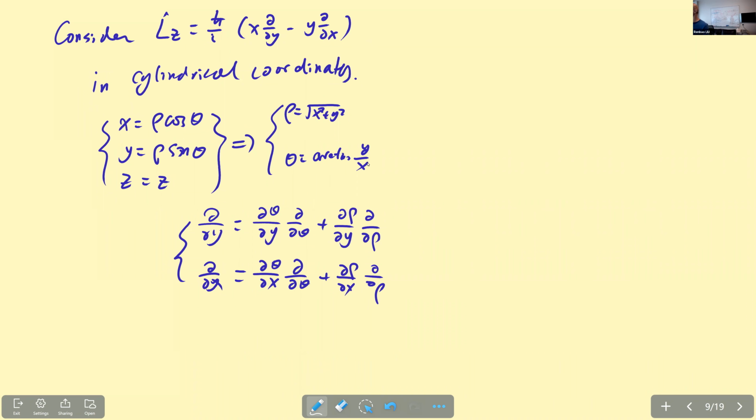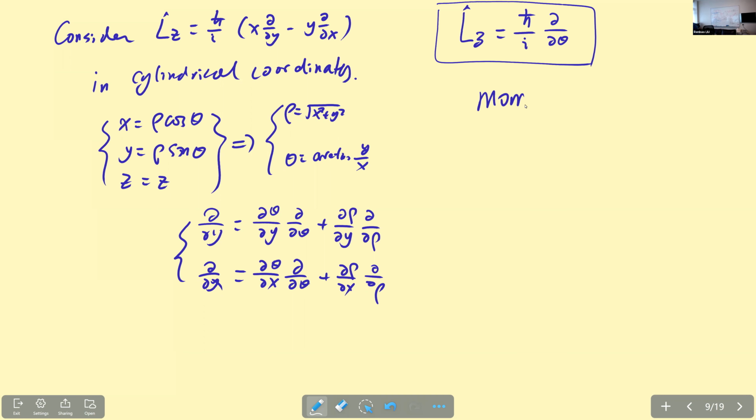The result is actually very interesting. You have Lz can be written as h bar over i partial theta. So this is something very interesting. You can see that this is like a momentum operator, but on an angular variable.